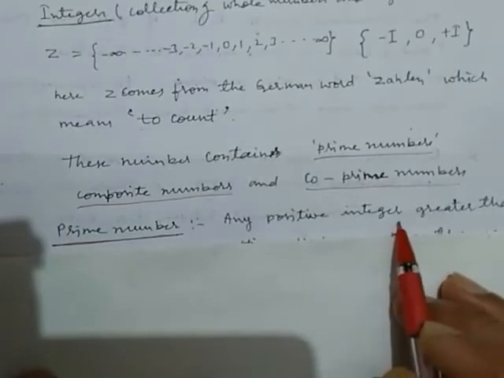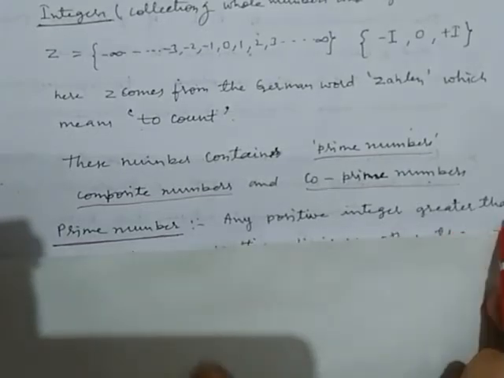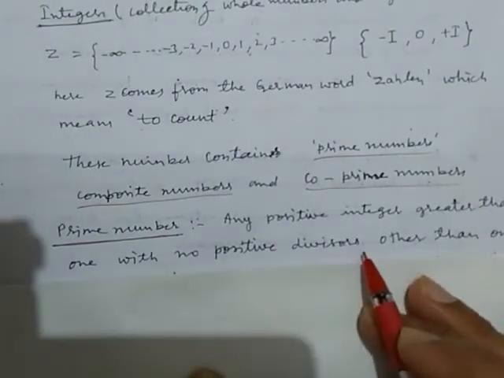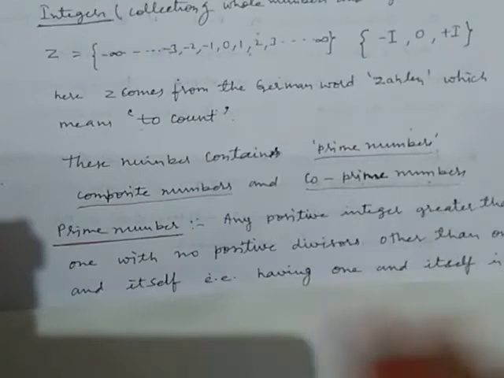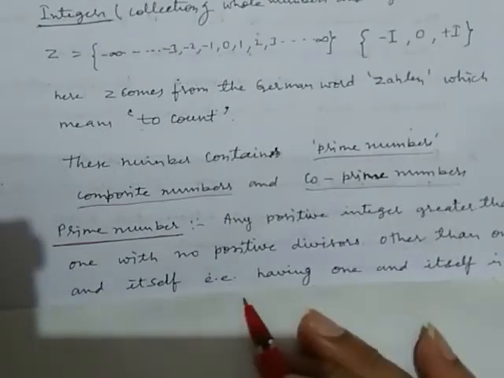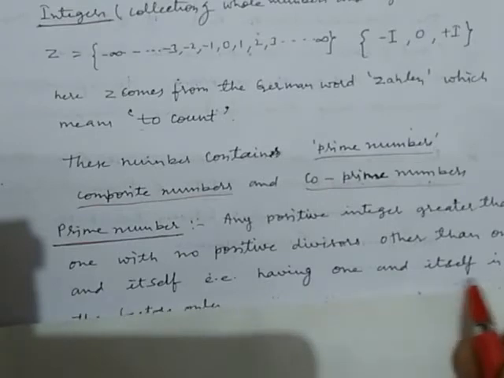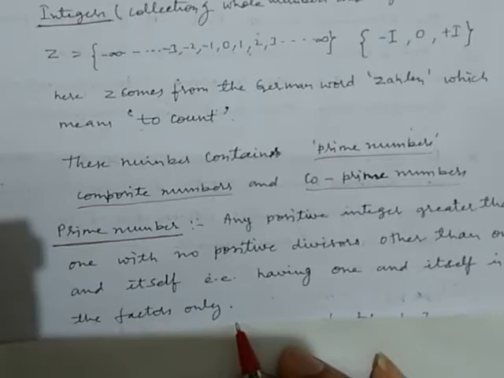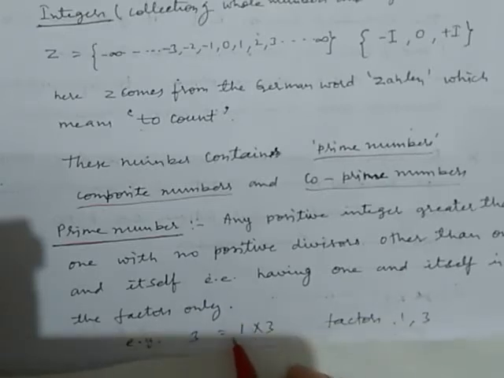Any positive integer greater than 1 with no positive divisors other than 1 and itself, that is, having 1 and itself as the only factors. In other words, any number that cannot be divided by anything other than 1 and itself is considered a prime number.